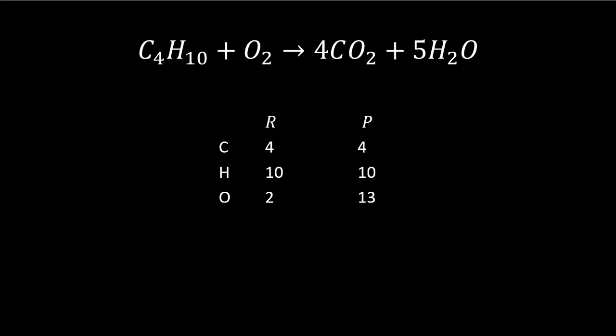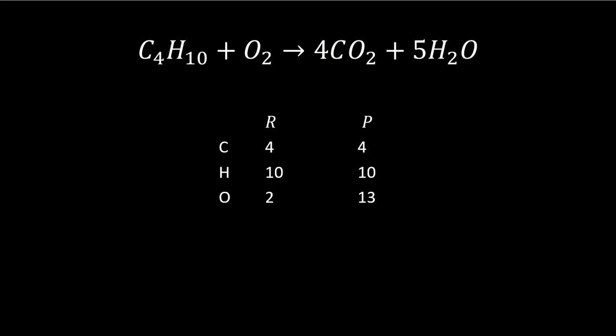Now, the problem here is, just like before, we didn't use our little trick to quickly get to this realization, but we have an odd number of oxygen on the product side. We can't go to the reactants and simply multiply something by 2 to get an odd number. So what this tells us is we need to change the number in front of H2O again in order to get an even number of oxygen.